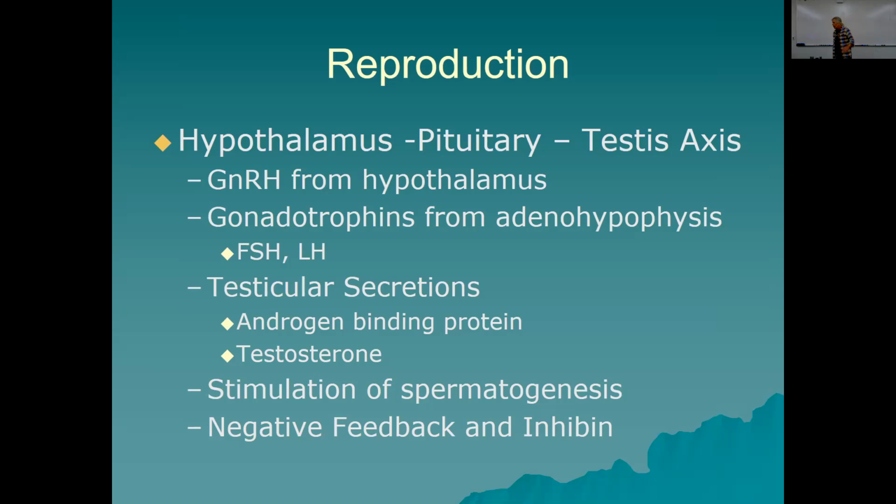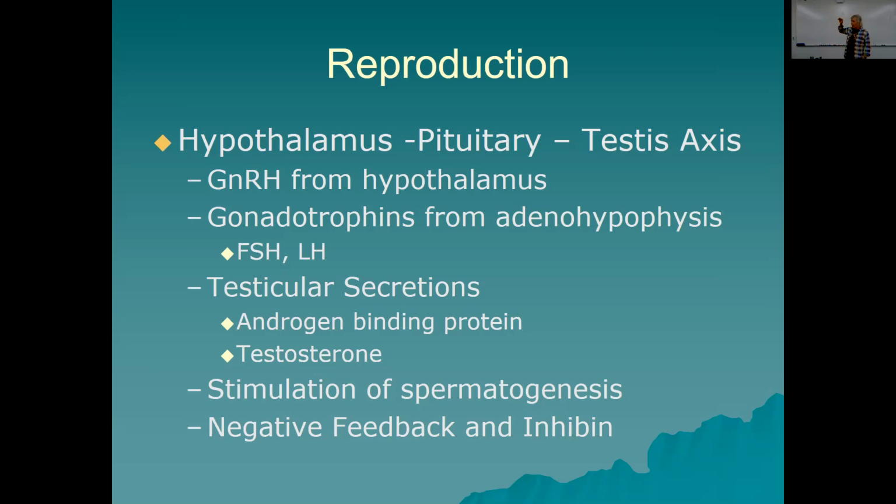So GnRH, gonadotropin releasing hormone, is released by the hypothalamus. It travels through the hypophyseal portal system to be released into the anterior pituitary. The anterior pituitary, or adenohypophysis, makes FSH and LH, follicle stimulating hormone and luteinizing hormone.